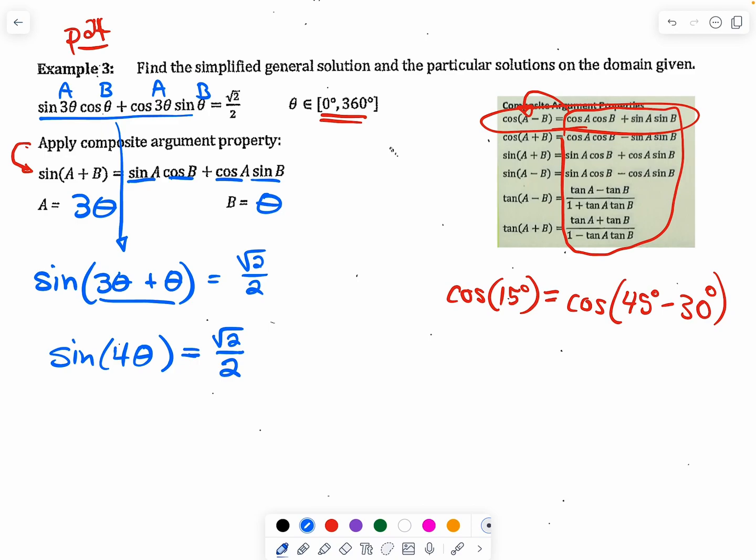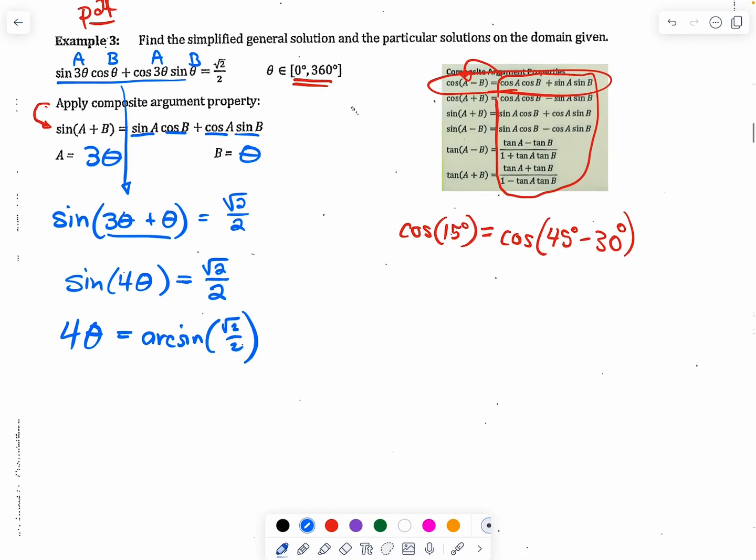Let's unwrap that. That means 4 theta is arc sine of radical 2 over 2. We've been doing a lot of these with the calculator, but this is an angle we should know from the unit circle. We need the angle that has a sine of radical 2 over 2. That's 45 degrees, since we're in degrees.